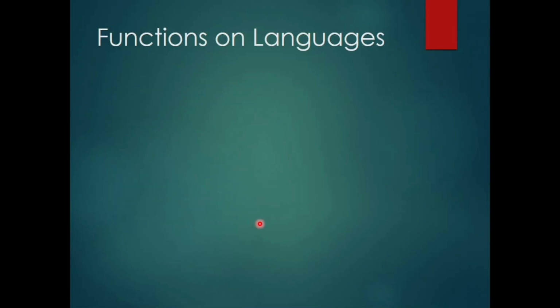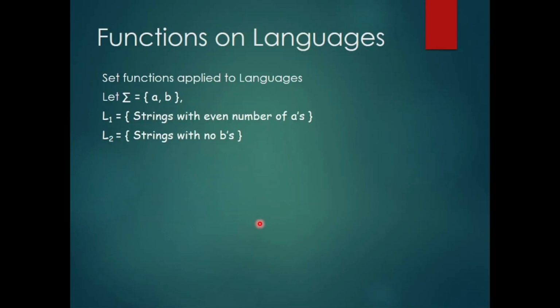Okay, functions on languages. The set functions applied to languages are, let us take this particular example. If I take sigma as A and B, these are the two languages I can define, L1 and L2. L1 says strings with an even number of A's, and L2 says strings with no B's. So the first function I can apply is union, right?